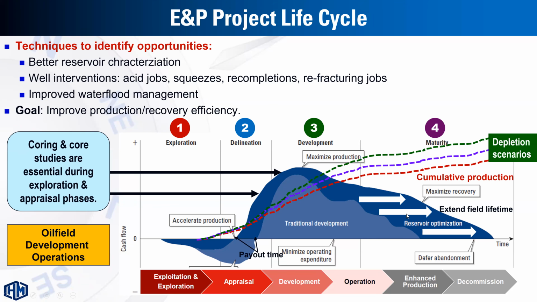The objective of reservoir management in this phase is to extend the reservoir lifetime as much as we can to maximize recovery, using the optimum reservoir development plan or depletion strategy.